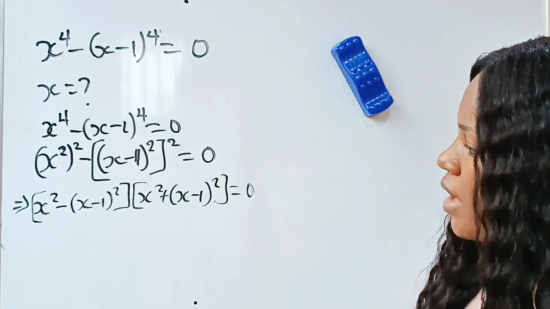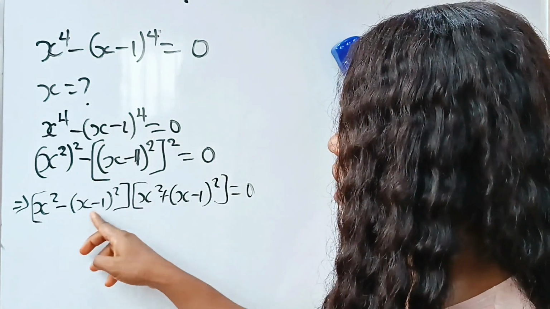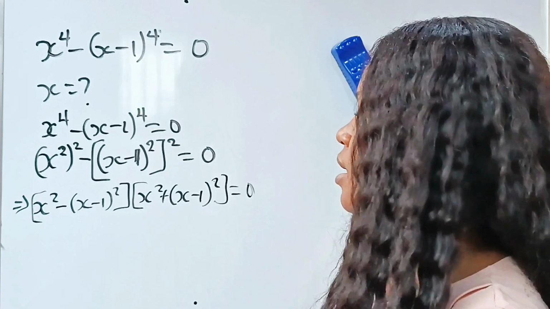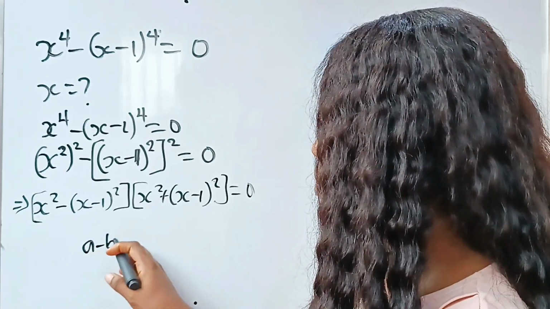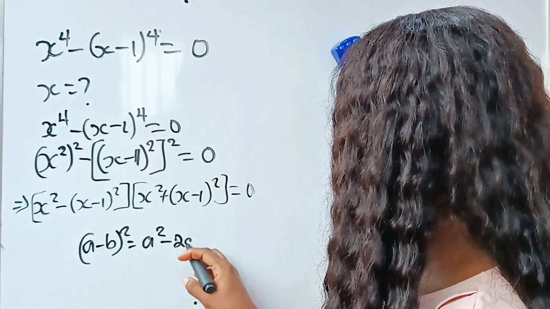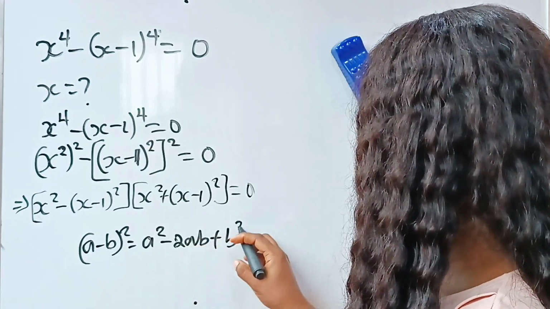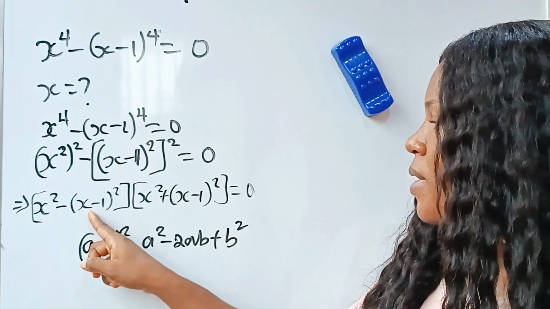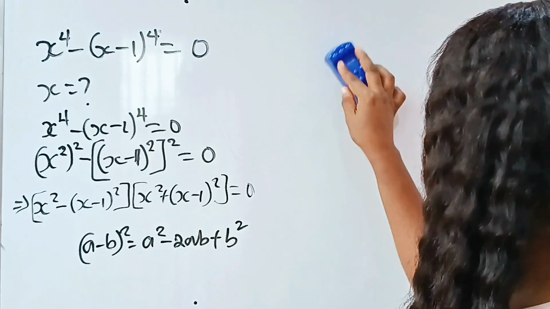Perfect. Now, at this point, we have another algebra identity here, that a minus b squared is equal to a squared minus 2ab plus b squared. So you are going to express this and this in that form.